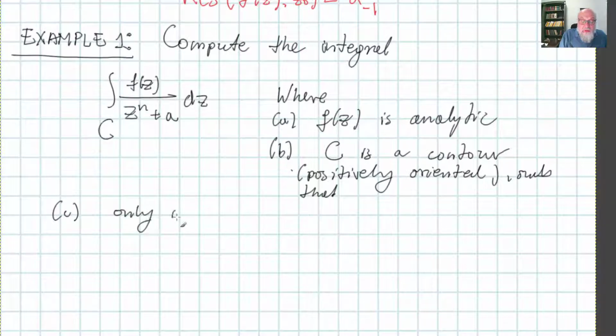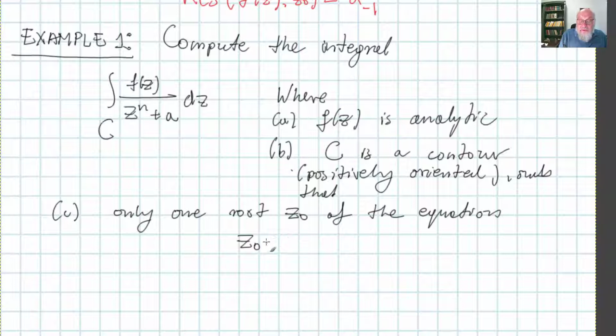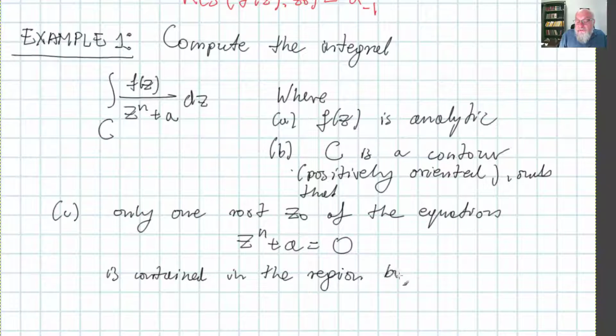Only one root z0 of the equation z to the power n plus a equal to 0 is contained in the region bounded by C, a closed simple contour.